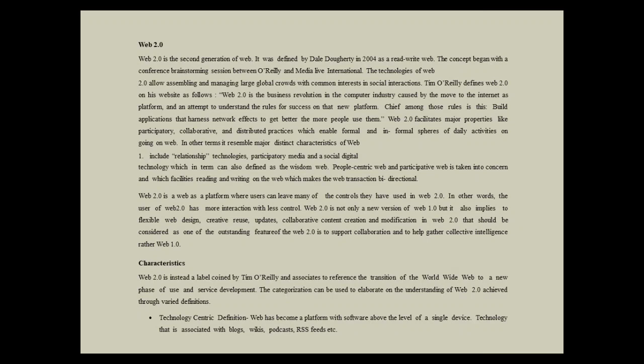Web 2.0 facilitates major properties like participatory, collaborative, and distributed practices, which enable formal and informal spheres of daily activities going on the web. In other terms, it resembles major distinct characteristics of the web, including relationship technologies, participatory media, and social digital technology, which in turn can also be defined as the wisdom web.